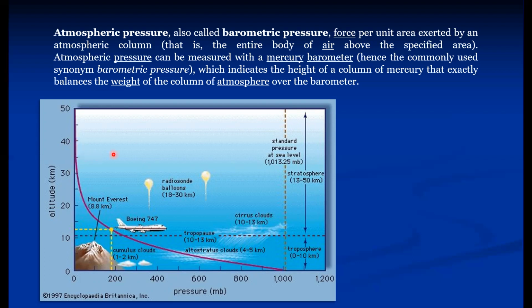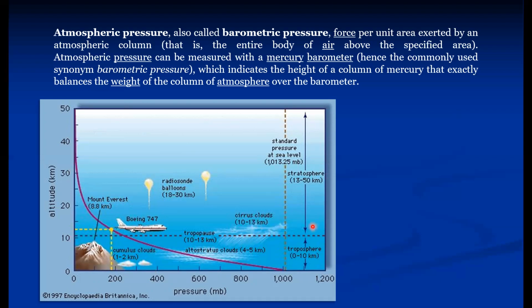That indicates there are no air molecules present in this particular zone. Mount Everest is the highest elevation of the ground, 8.8 kilometers from sea level, where the atmospheric pressure is around 400 millibar.